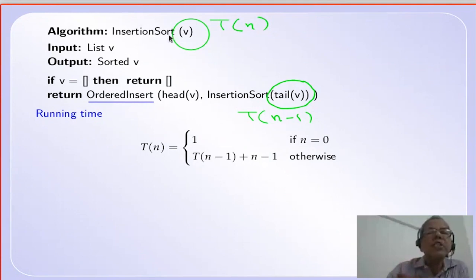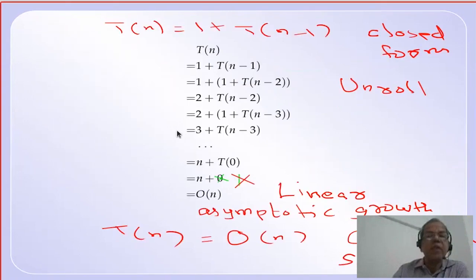One call of insertion sort does how many calls of ordered insert? Just one ordered insertion, right? But what is the running time of ordered insert? Big O of n.